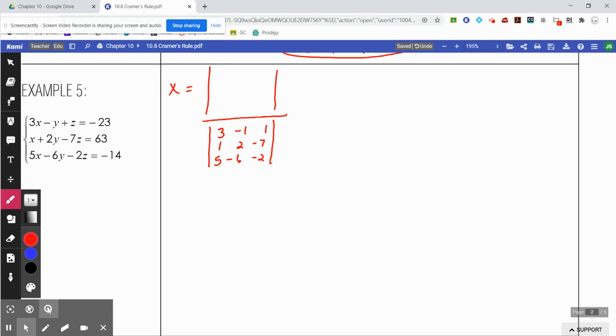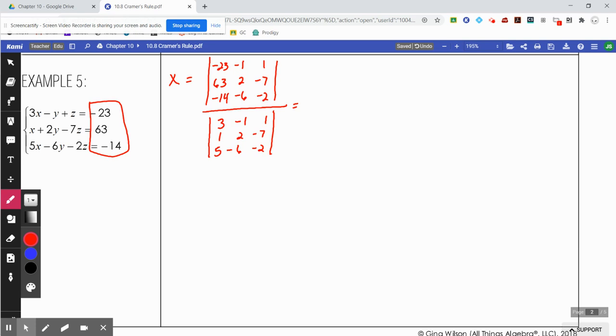The top, the second and third columns remain the same. The only thing that changes is your x column. Your x column turns into these three numbers, negative 23, positive 63, and negative 14. When you work out these two determinants, you get 484 and negative 121. When you divide those, your x value is negative 4.